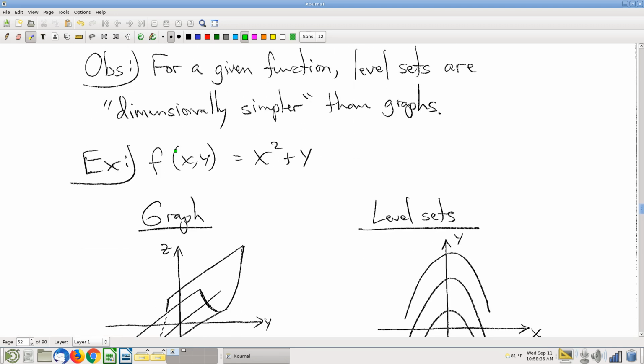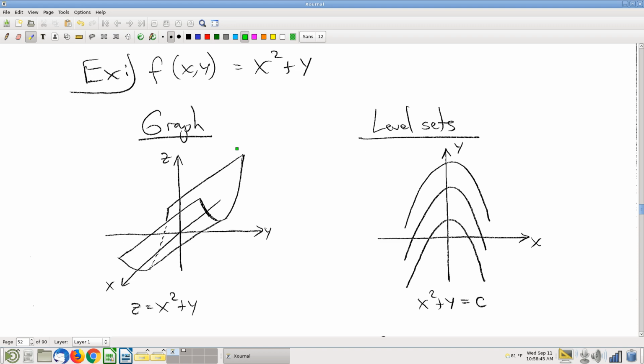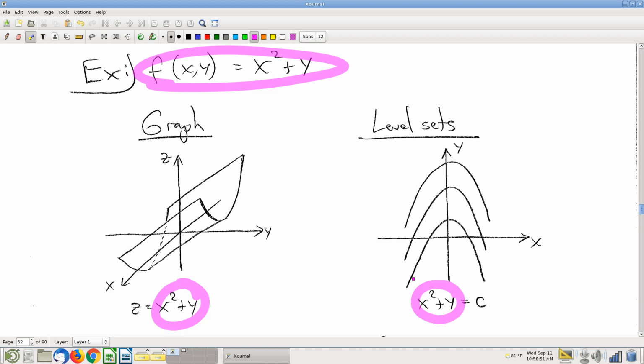Here's another reason that I like level sets. It's what I like to call dimensionally simpler. We've already kind of hit on this point a little bit. Let's do it again. Here's a function. On the one hand, we can look at the graph of that function. This is a problem that y'all can play with on your own. Think about cross sections. It's a good exercise.